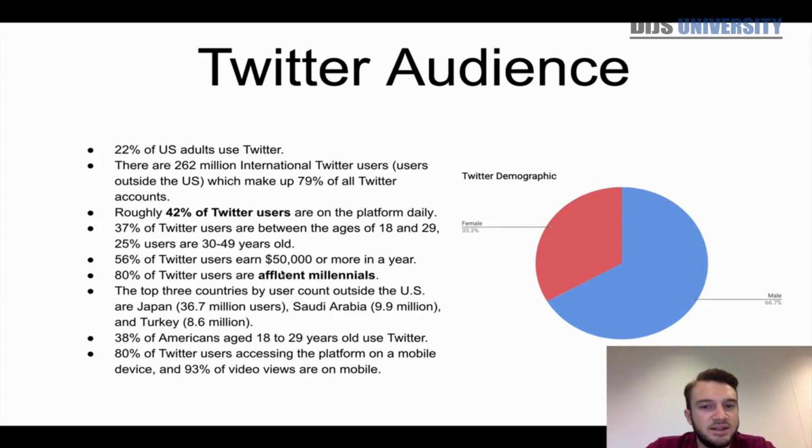Good to know, a younger audience. 56% of Twitter users earn $50,000 or more in a year, which means the users of the platform are quite affluent. The top three countries by user count outside the US are Japan, Saudi Arabia, and Turkey. 38% of Americans aged 18 to 29 use Twitter. 80% of Twitter users access the platform on a mobile device, and 93% of video views are on mobile. So optimize for mobile if you are creating landing pages.